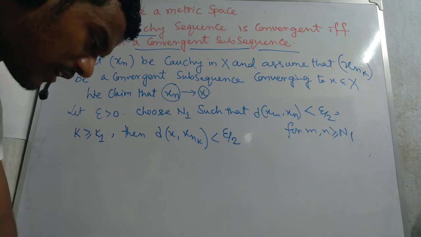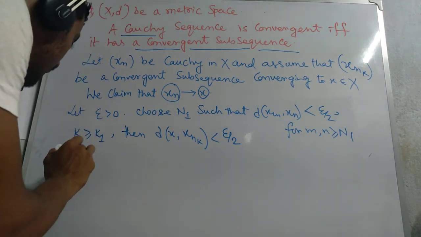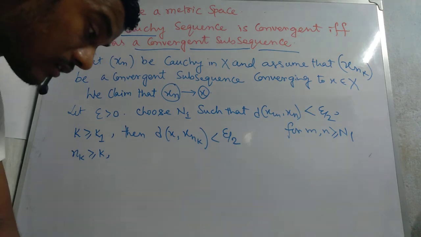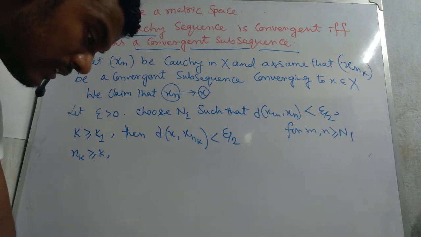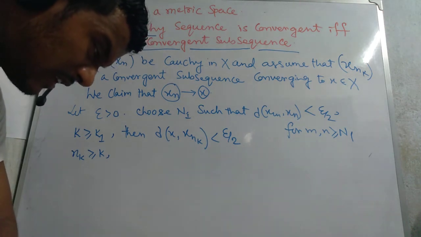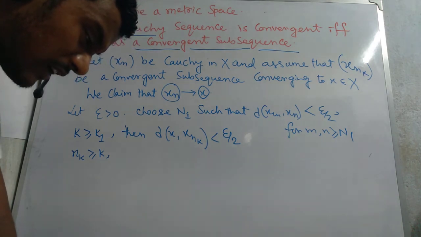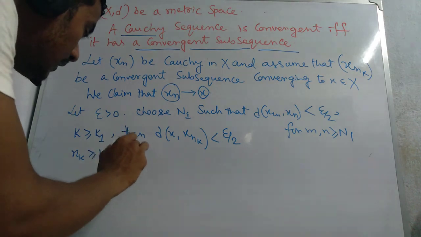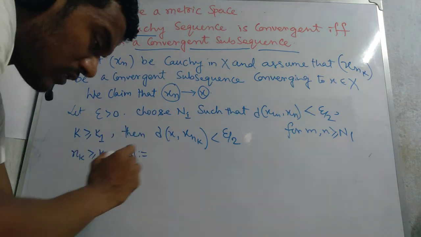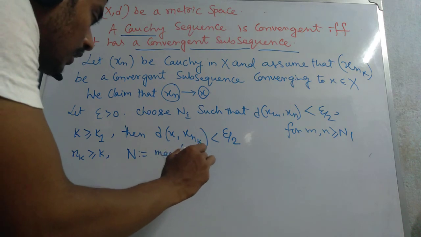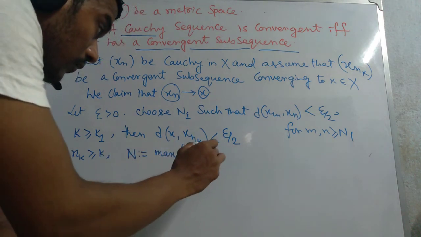And obviously nk is greater than or equal to k. Then we see that n equals the maximum of n1 and k1.